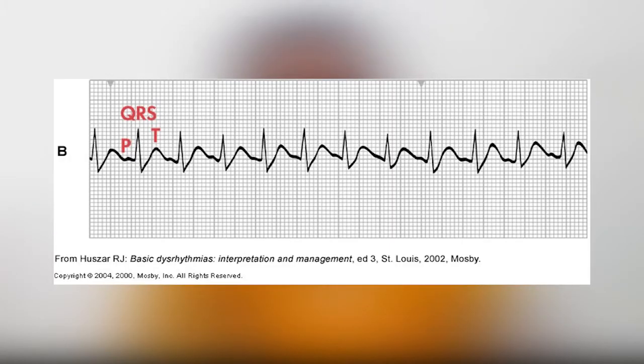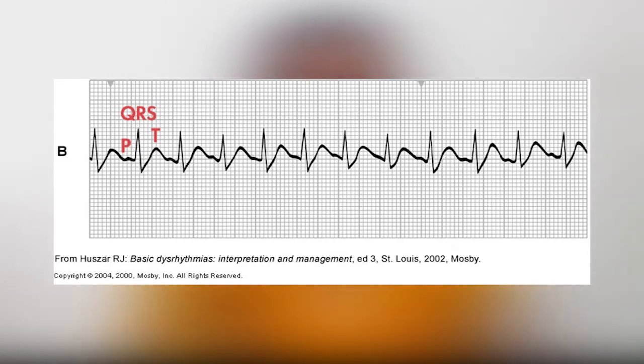We can see the sinus tachycardia ECG. ECG criteria involve heart rate greater than or equal to 100 beats per minute, up to 160 beats per minute. The rhythm is usually regular. The P wave is upright and normal.